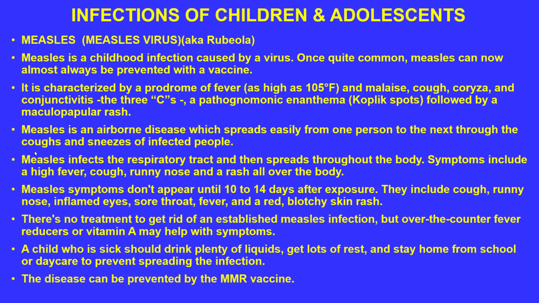And the measles is an airborne disease that spreads easily from one person to the next through coughs and sneezes of infected people. Now, measles infects the respiratory tract, then spreads throughout the body. The symptoms include a high fever, cough, runny nose, and a rash all over the body. Okay, but the measles symptoms do not appear until 10 to 14 days after exposure.